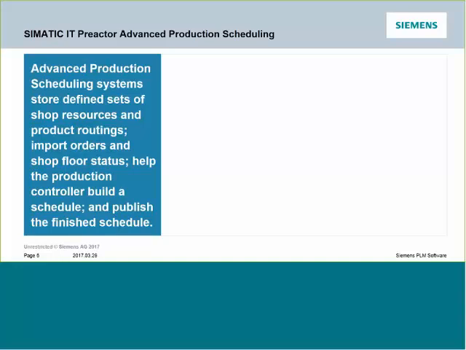The orders being imported from upstream representing organizational demand, and the shop floor status essentially coming from downstream of the production scheduling logic to say, okay, here's what has completed, here's what's in progress, here's what's not started. The advanced production scheduling system is then going to help the production controller build a schedule based on this most current information. That's an important word, help. A good APS is a decision support tool.